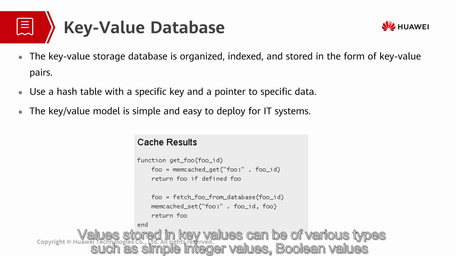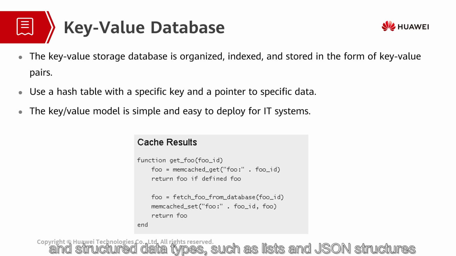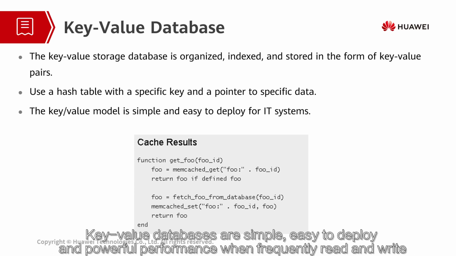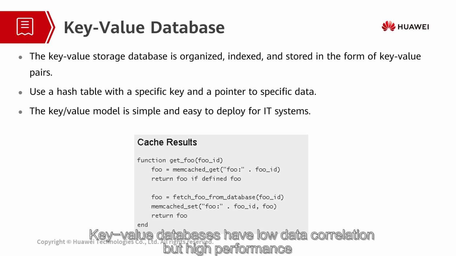Values stored in key-value databases can be of various types, such as simple integer values, Boolean values, and structured data types, such as lists and JSON structures. Key-value databases are simple, easy to deploy, and have powerful performance when frequently reading and writing. Key-value databases have low data correlation but high performance.